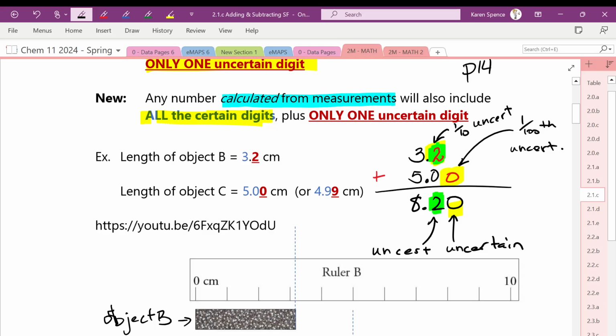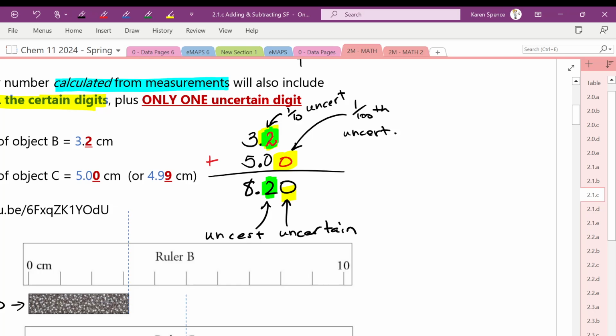How many uncertain digits are we allowed to have? Only one. Therefore, I am not allowed to have 2 uncertain digits, so I need to round to my first uncertain digit. That will give me only 1 uncertain digit.